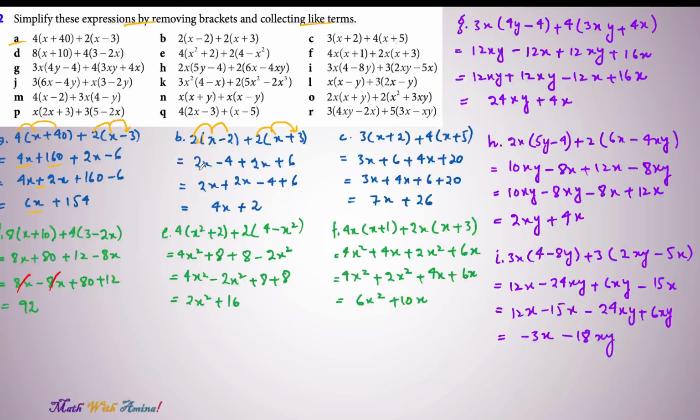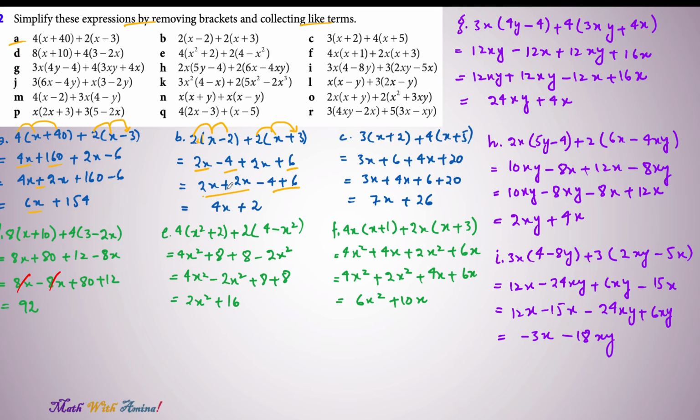Now we will combine the like terms. We will look for the like terms. We know by now what like terms are: terms that have the same variable with the same power. In here, this 6 and this 4 are like terms, because both of them are constants and do not have any variable next to them. So we write the like terms together, 2x plus 2x and minus 4 plus 6, constants together and terms with variables together.